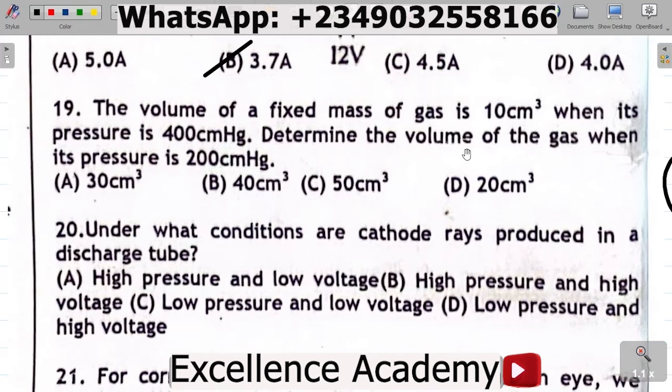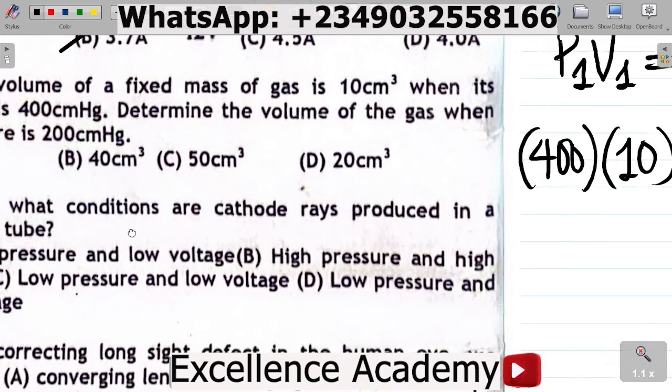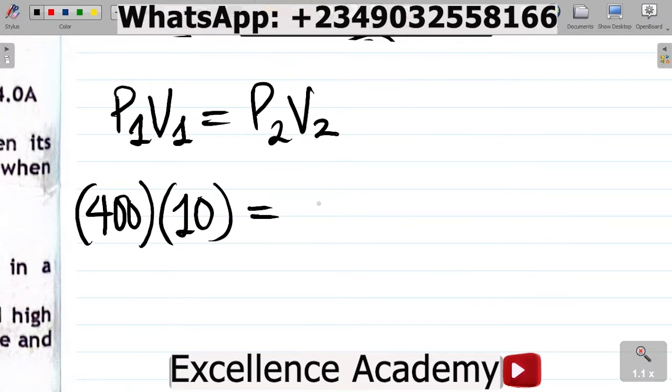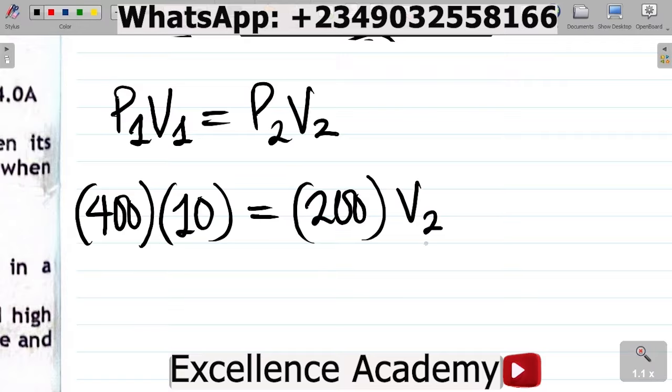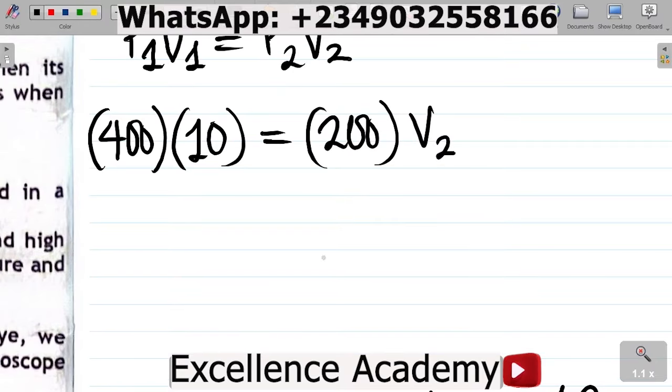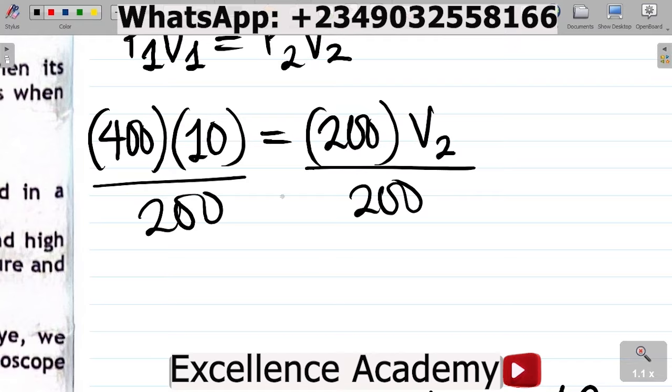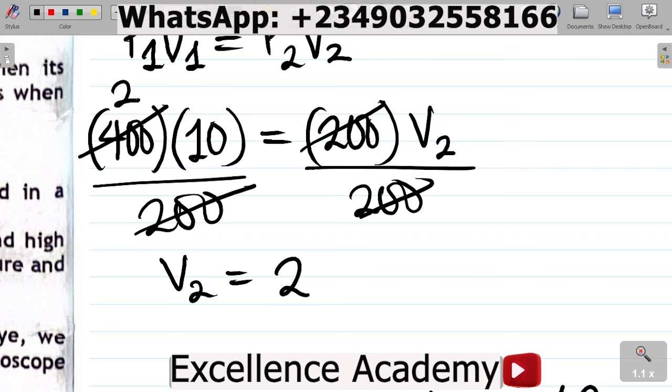You are asked to find the volume, that's V2, of the gas when its pressure is 200. So when P2 is now 200, what's the value of V2? To solve this question, just divide here by 200, divide here by 200, and let's get the value of V2. From here, V2 is equal to 400 divided by 200, you have 2, 2 times 10, you have 20.